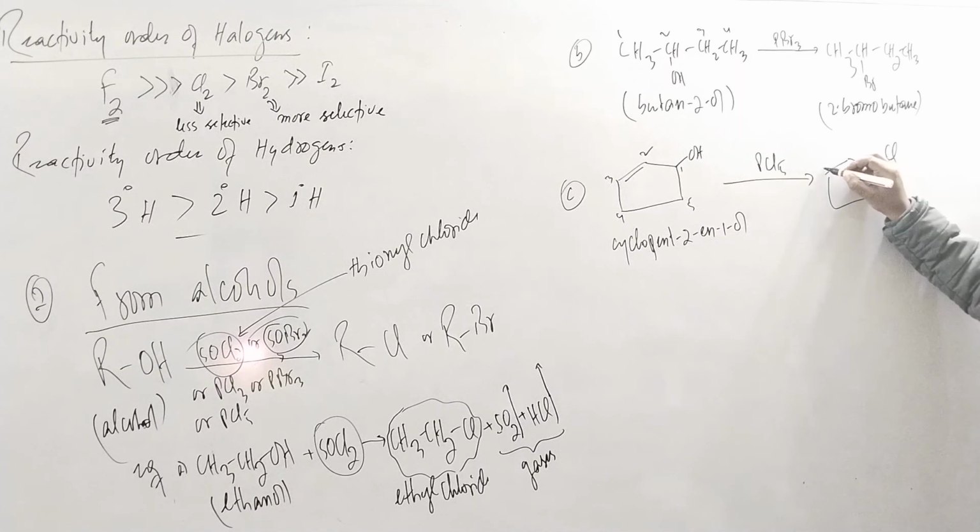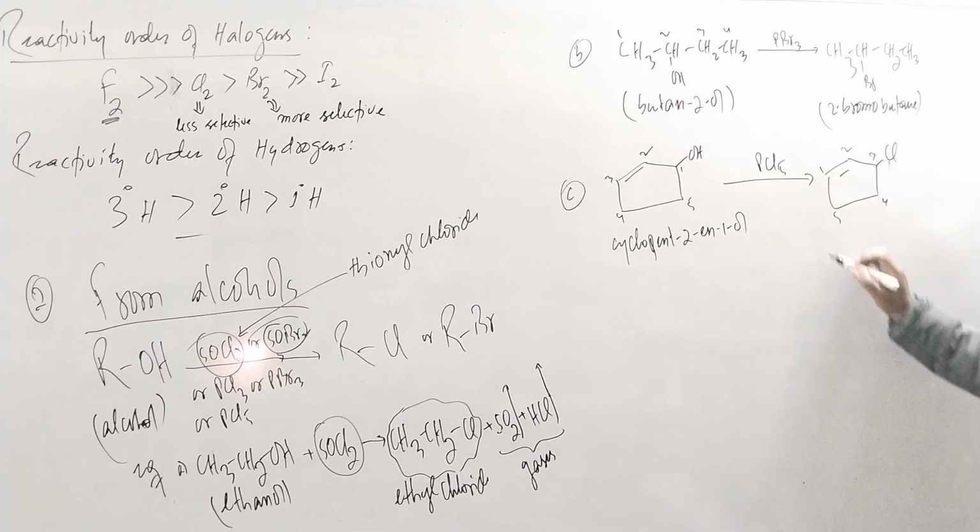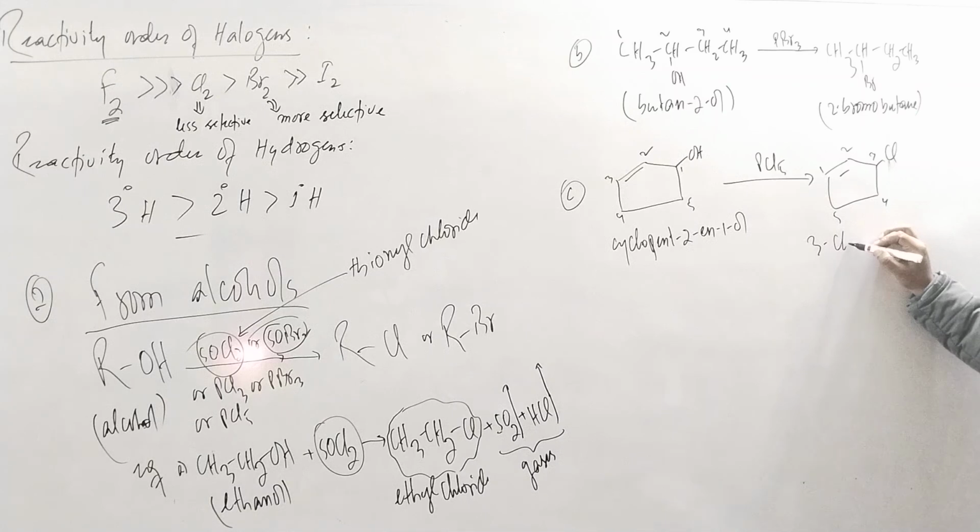One is to be numbered here, 1, 2, 3, 4, 5. So this is 3-chloro, because alkene is given priority over halogen. 3-chlorocyclopent-1-ene. This is the IUPAC name.